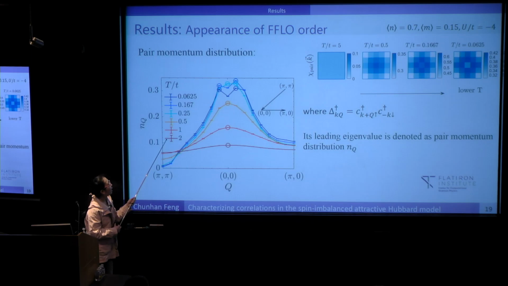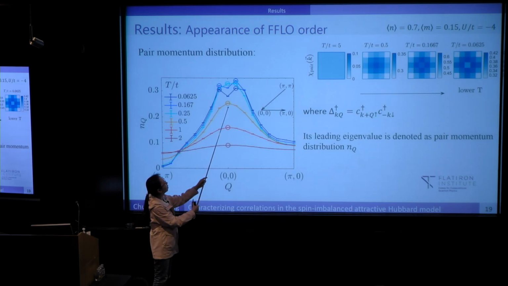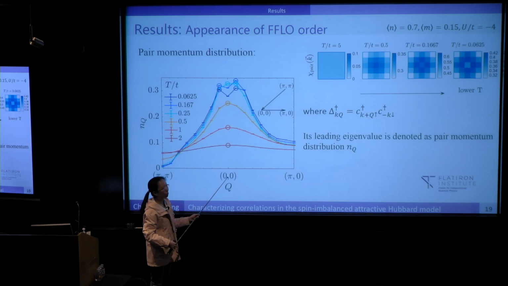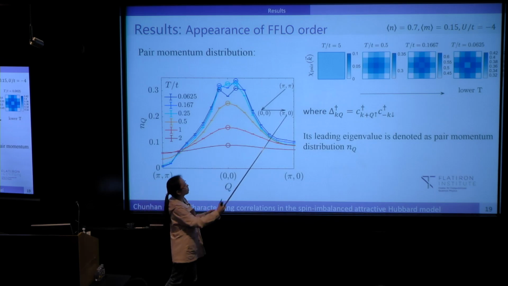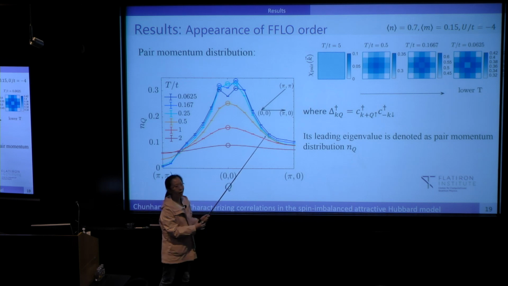So at very high temperature, T equal to 2, the curve is almost flat in the momentum space. And later, when we lower the temperature a little bit, we can see first there is a peak appears at Q equal to (0, 0). And that's also consistent with the case we have seen in the pair susceptibility.